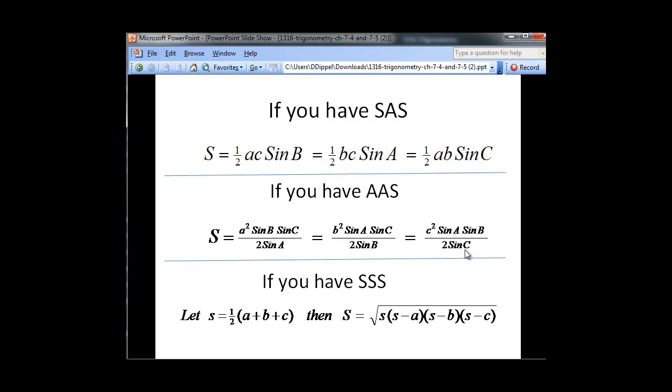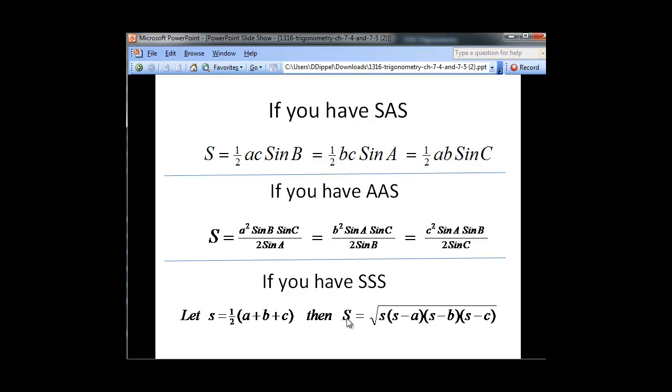And then if you have three sides, the formula gets a little more complicated. What you do is add the sides together and cut it in half. So your three sides sum, cut that number in half, and we call that little s. It's not just the sum, it's half of the sum.